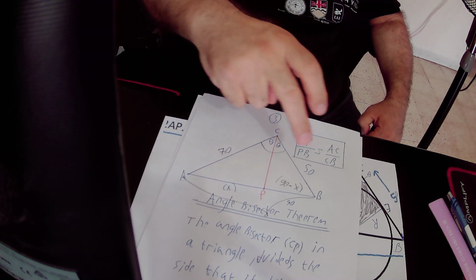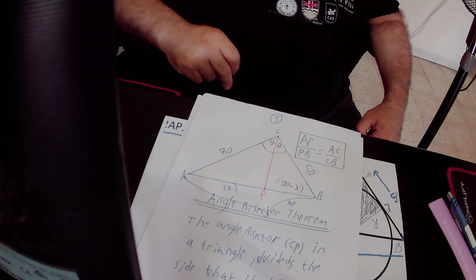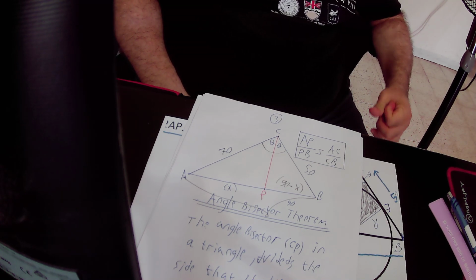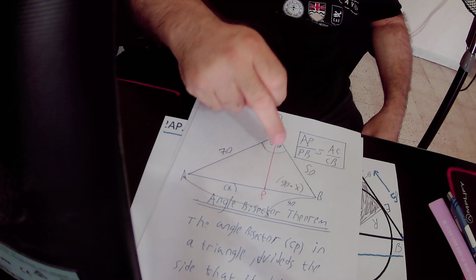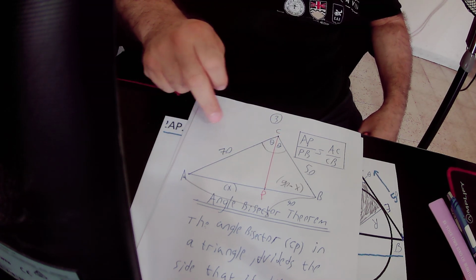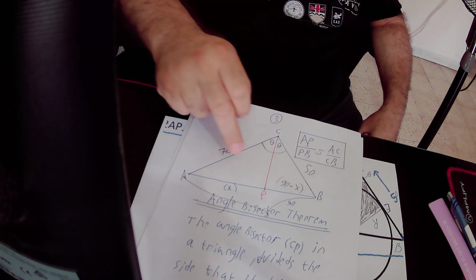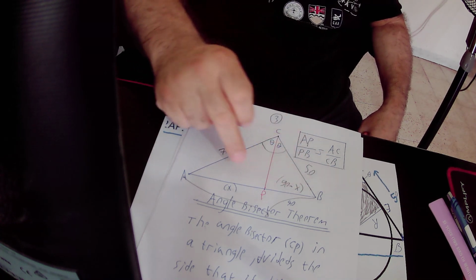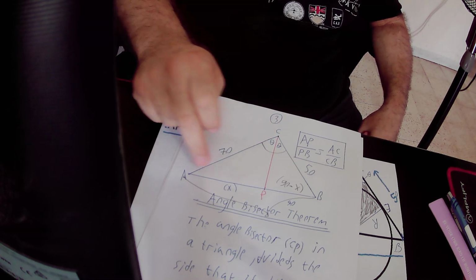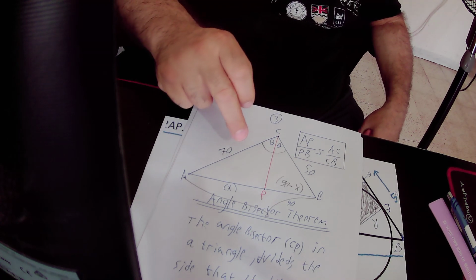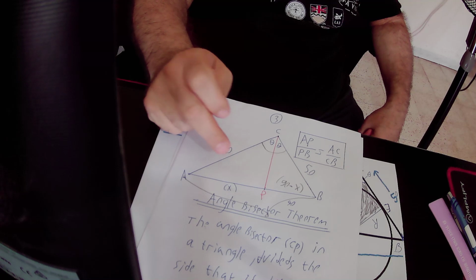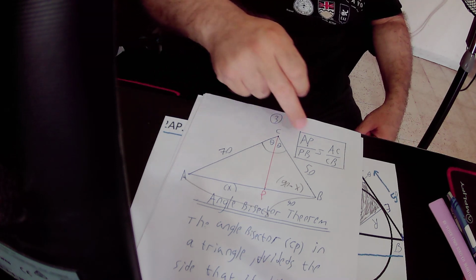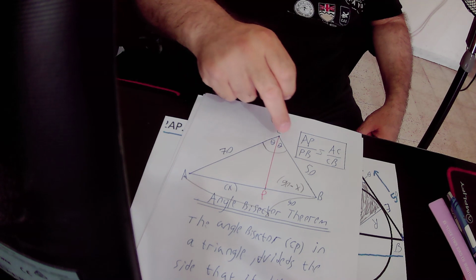Actually it divides angle ACB into two equal parts, and according to the angle bisector theorem, the angle bisector PC in the red color divides the side that it hits, side AB of the triangle, into two parts, AP and BP, and the ratio AP over BP equals the ratio between the angle sides, AC over BC.